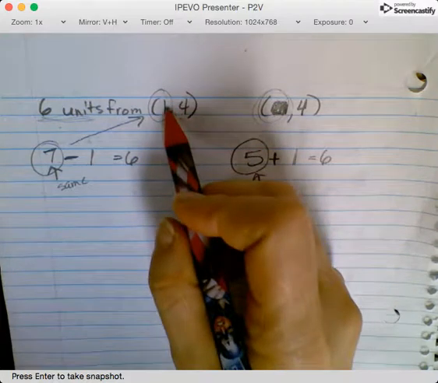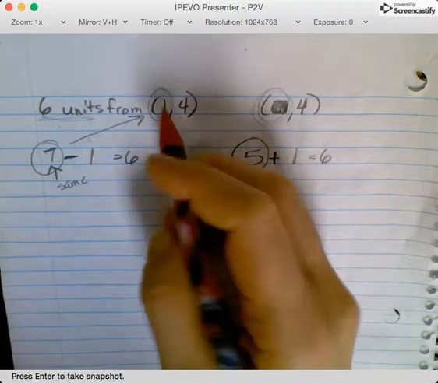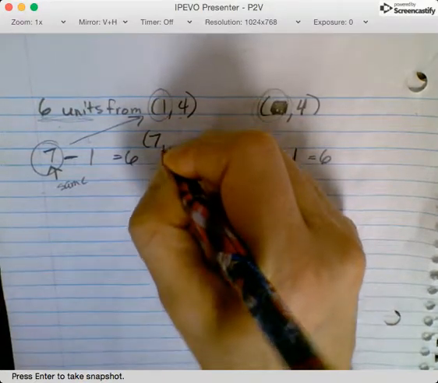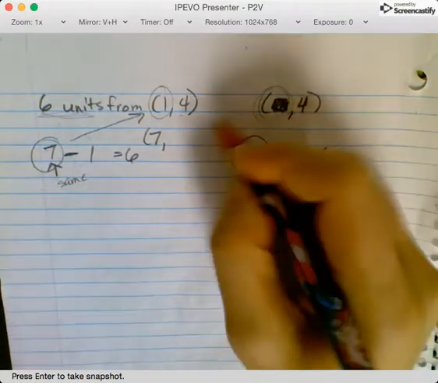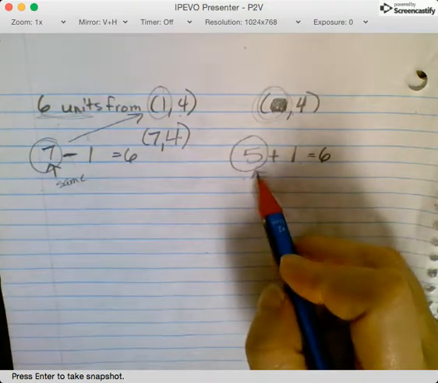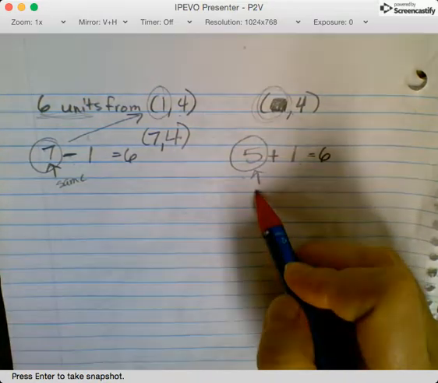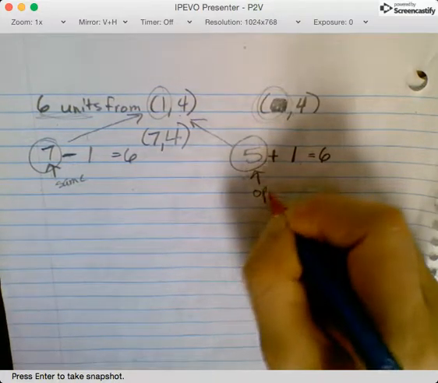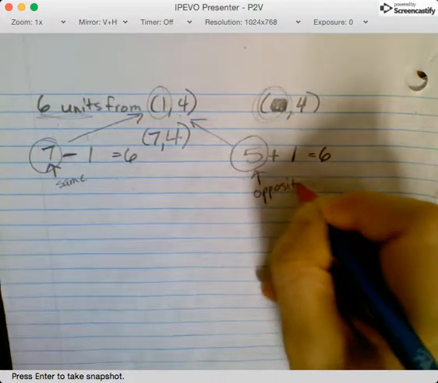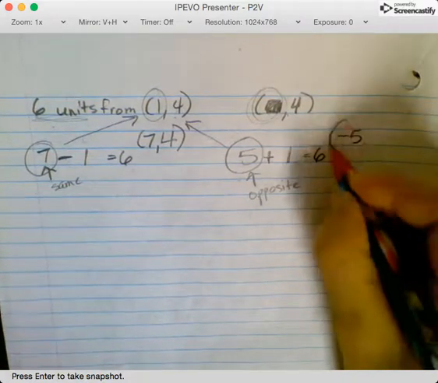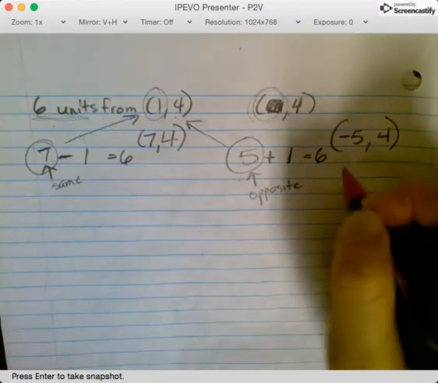This one is positive 1, so my 7 would be positive, and our 4 stays the same. For the other one, opposite signs add, so this is going to have the opposite sign. Instead of positive 5, it's going to be negative 5, and my second number is 4.